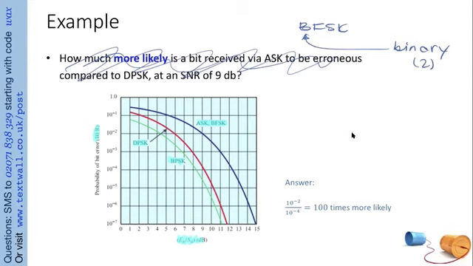Which is the best of these modulation formats? Which has the lowest bit error rate? So if you just draw a line through there, clearly it's the green line that's the best. Of these 4, it's the green, which is the BPSK. Why? Because it has the lowest bit error rate.